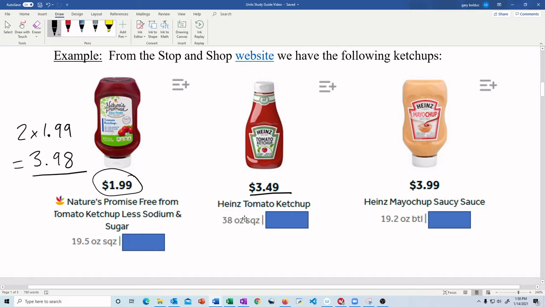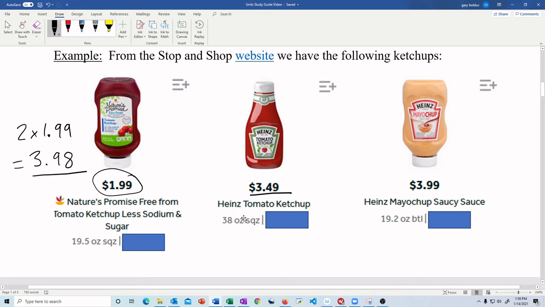It's not worth it. So it just depends on your situation, right? You might decide, I really don't use very much ketchup. I'd rather spend $1.99 now than $3.49. In the long run, after many times you buy ketchup, if you keep doing that, you're actually going to lose out on money eventually. That's what this is telling you: if you're in it for the long haul, you should buy this ketchup because it's a better deal.